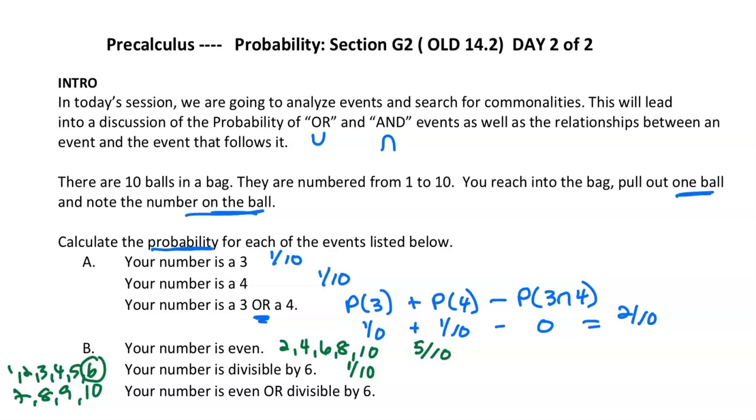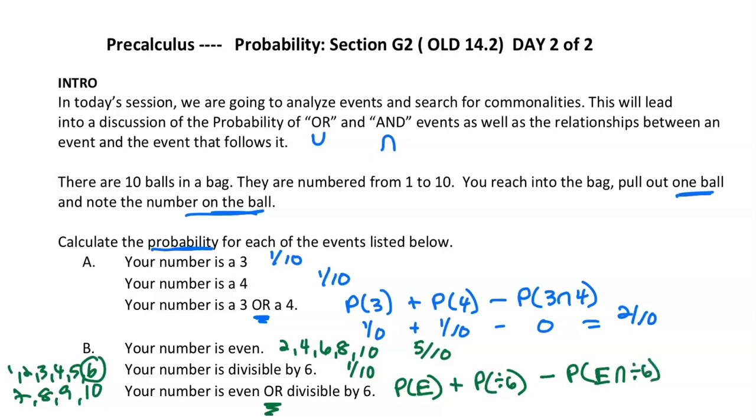Okay, your number is even or divisible by 6. So that means you're going to say probability of even plus probability divisible by 6 minus the probability of even and divisible by 6.